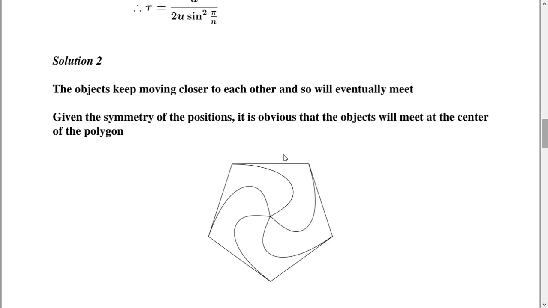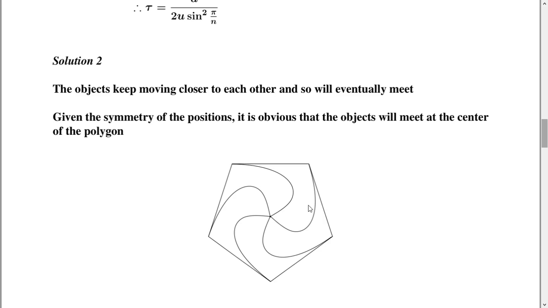But we could also use one other approach. Instead of focusing on the velocity of approach of two adjacent objects, we could look at the velocity of approach between an object and the center of the polygon. Because of the symmetry in the original positions of the objects, they have to meet at the center.